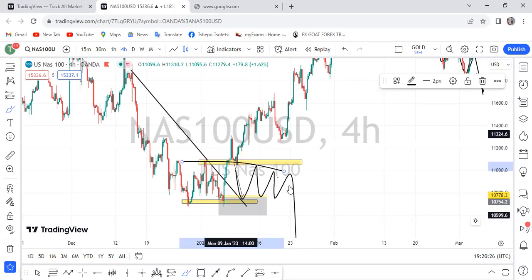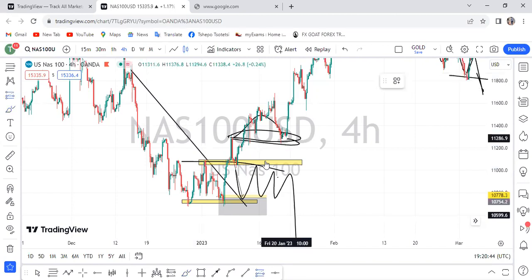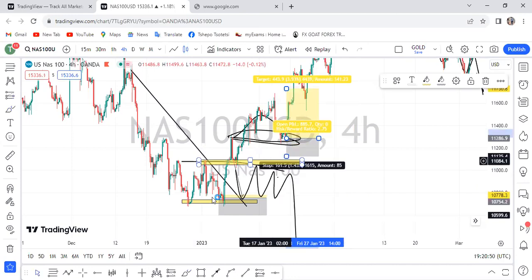So if you want to scale in, this is your high. You wait for a market to break this high, come back and retest this high. Once it retests this high, that's when you can scale into your position, because you know, okay, market violated the previous high and made a new higher low.